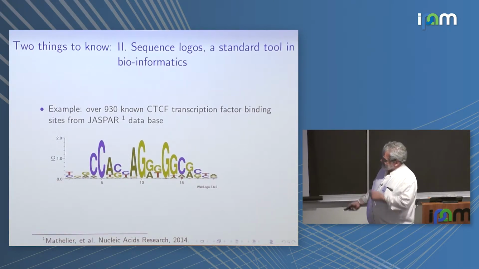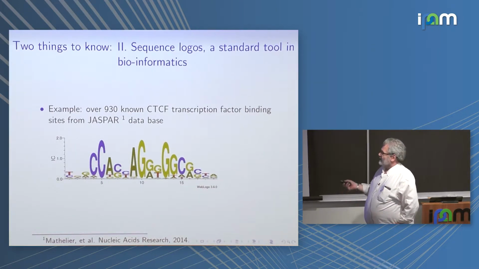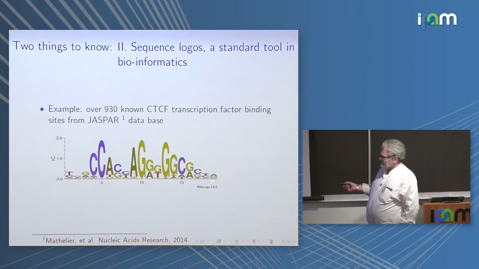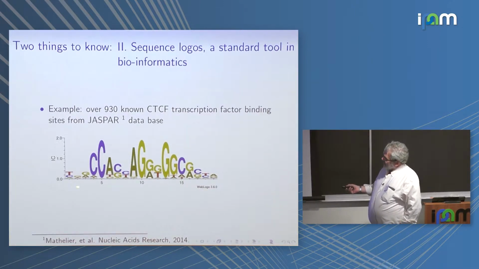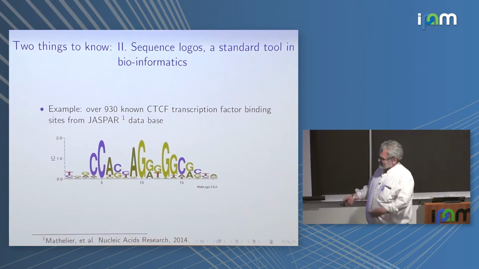There's then databases, and it's known that CTCF has a 19 base pair binding site, and then you can average the sequence composition at each site. And so you then get something called a position weight matrix, and it says the probability of being A, T, C, or G at the 7th location in the 19 base is such and such.